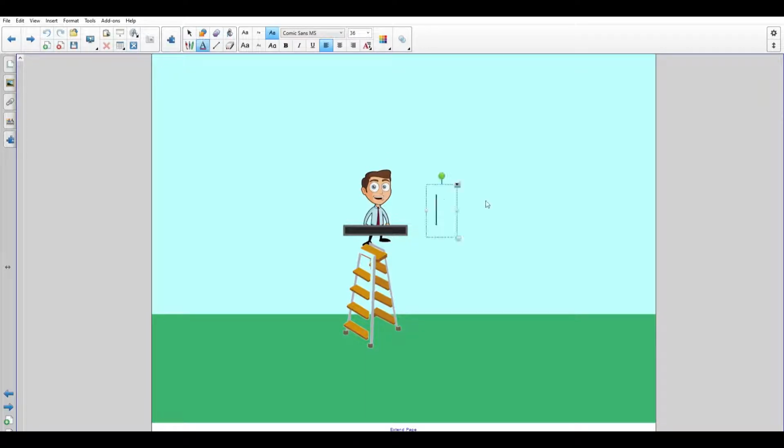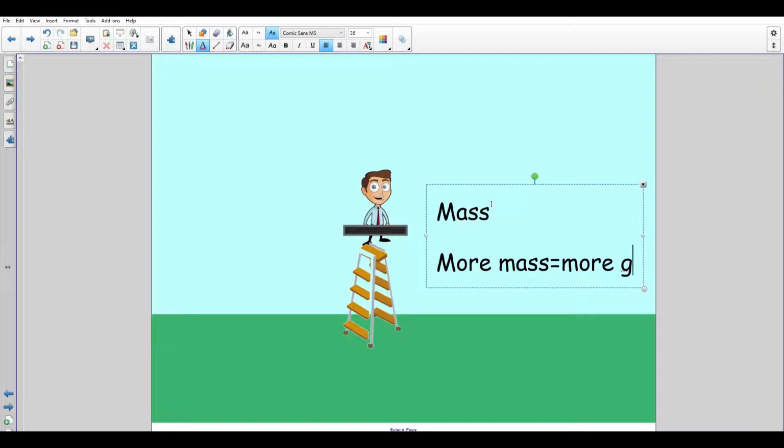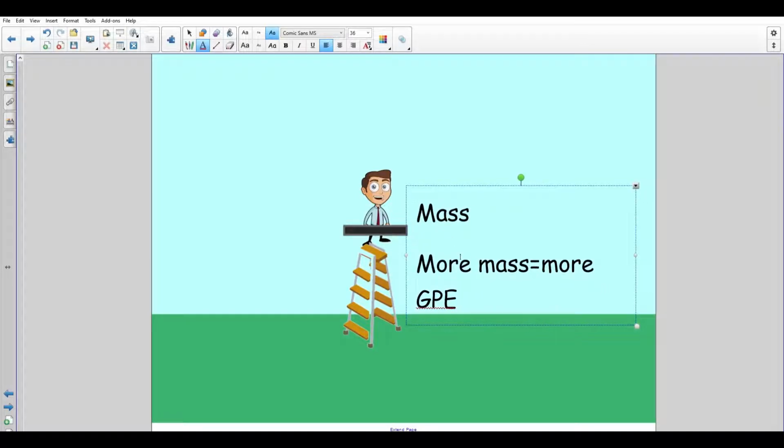That's the second thing that can affect gravitational potential energy: the mass. The more mass you have, the more gravitational potential energy you're using. So by climbing the same ladder, but this time carrying something heavy, he is using more gravitational potential energy.